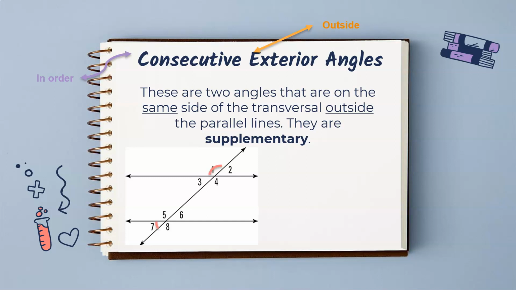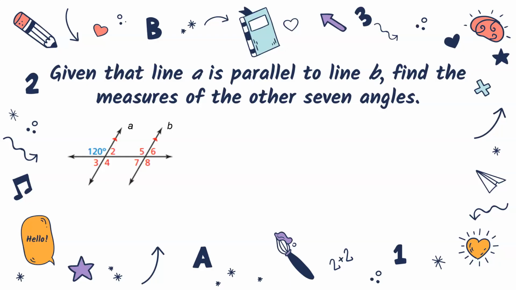So here's an example of consecutive exterior, 7 and 1, both on the same side of the transversal, outside of those parallel lines. So this is the first set of consecutive angles that I have, 1 and 7, and the other one is 2 and 8, because those are both on the same side of the transversal, outside of the parallel lines.